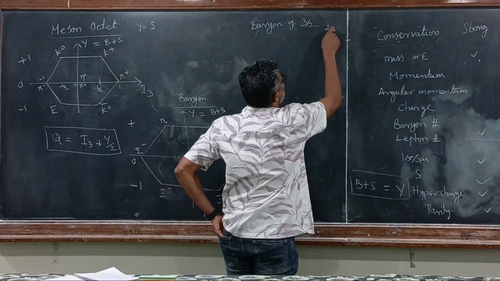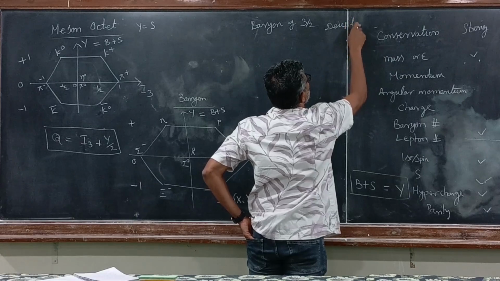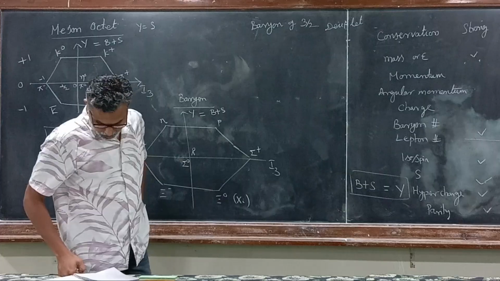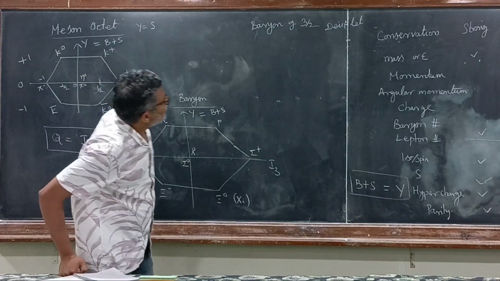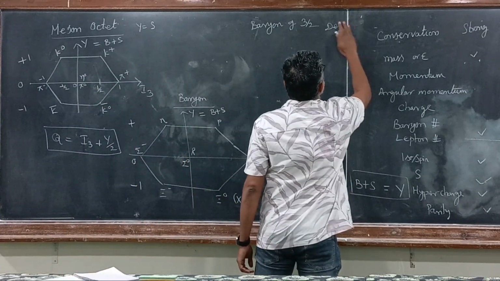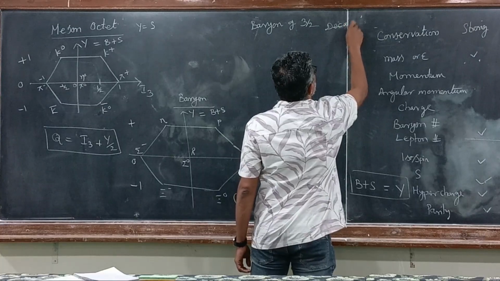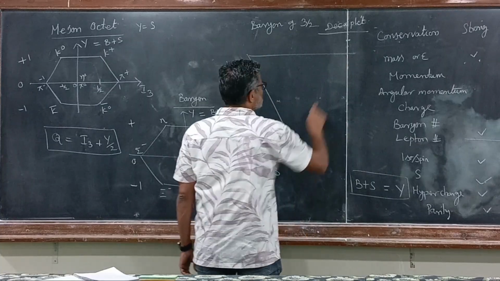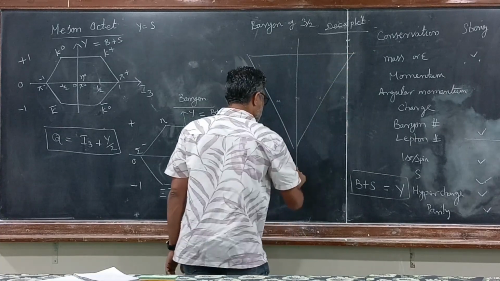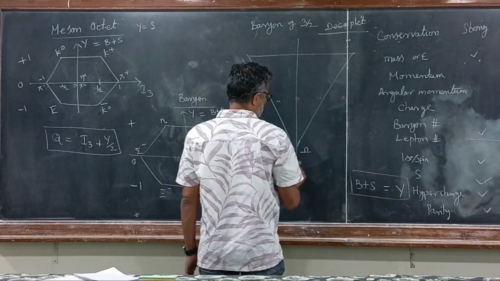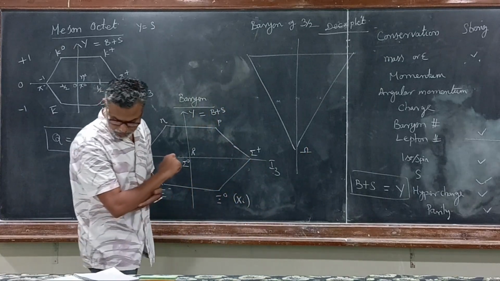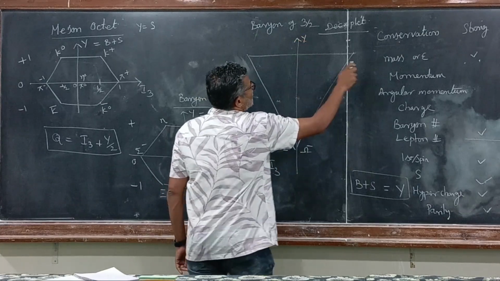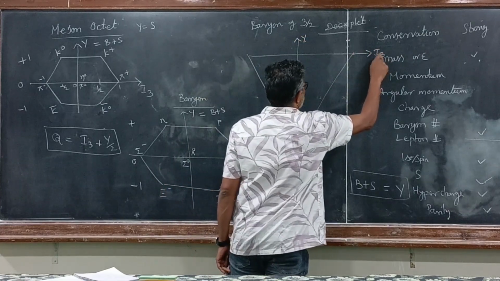So basically it is something like this. You have omega minus, and this y value is minus 2, and this one is the I3 value.